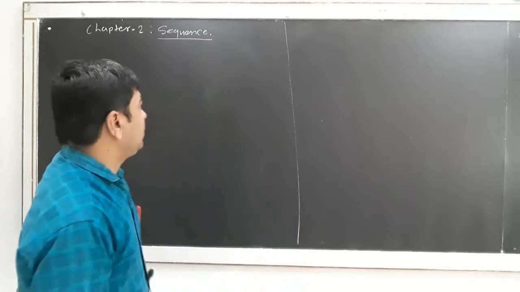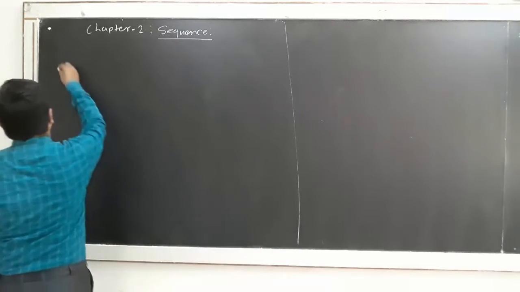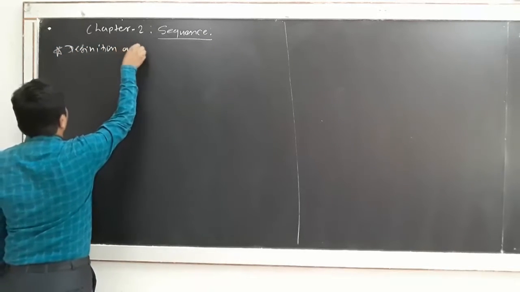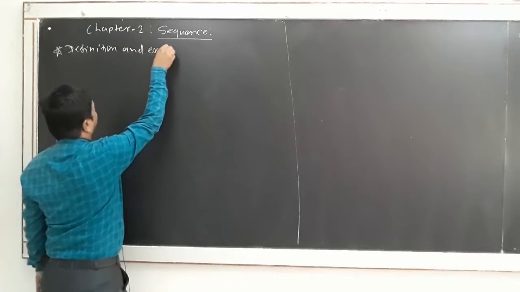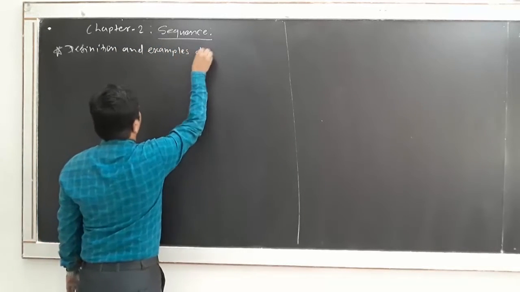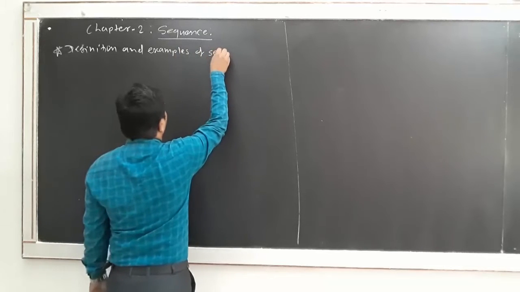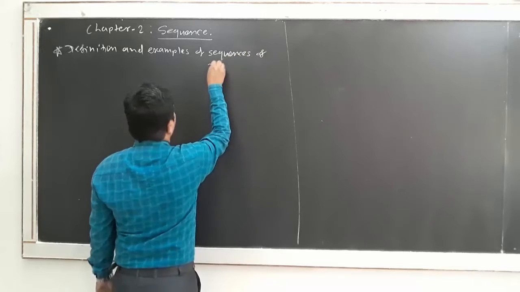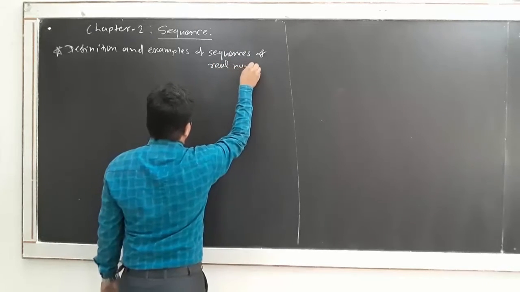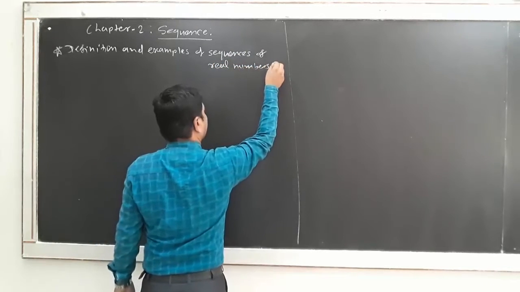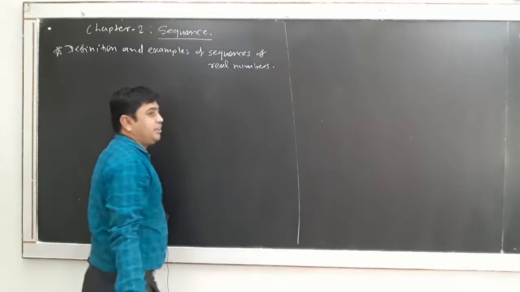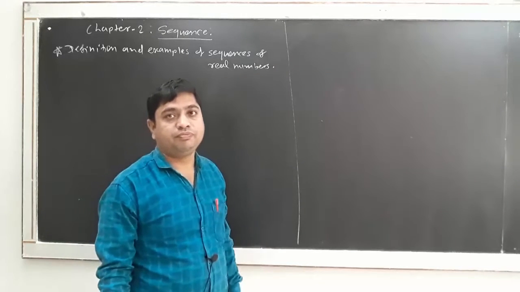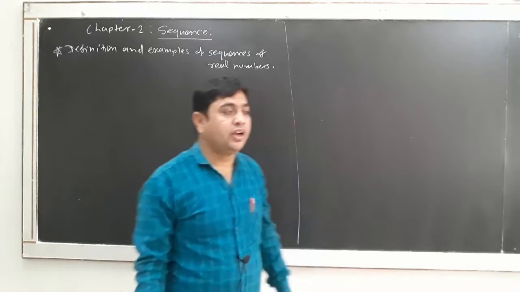So we start our topic, that is definition and examples of sequences of real numbers. That is, we have to discuss sequences in the set R only. Okay. So first we write the definition.